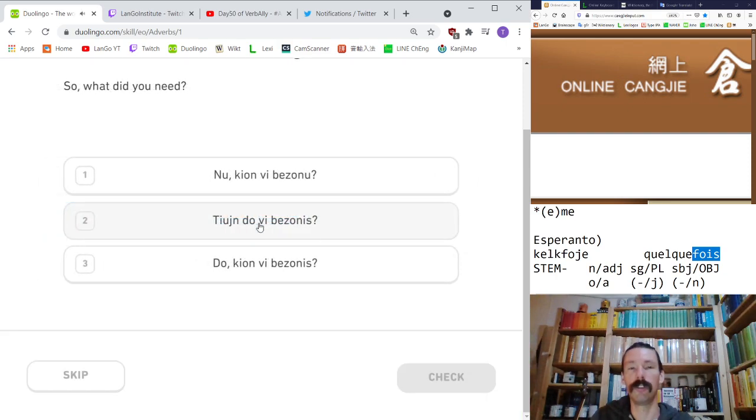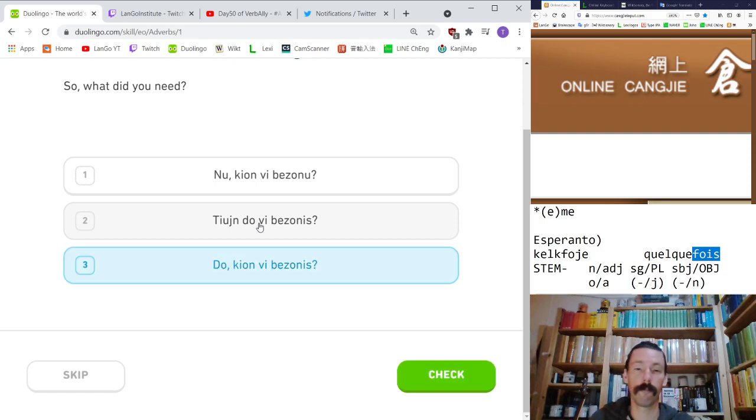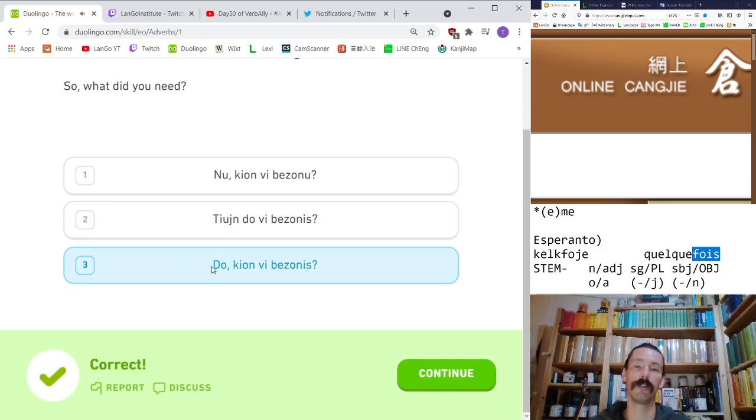So, what did you need? Bezonas? Yeah. And then past, bezonis. So was do, kion vi bezonis. The word order is interesting there. So, it's kind of outside the core syntax. Kion, what object form? Vi, subject, what you needed.